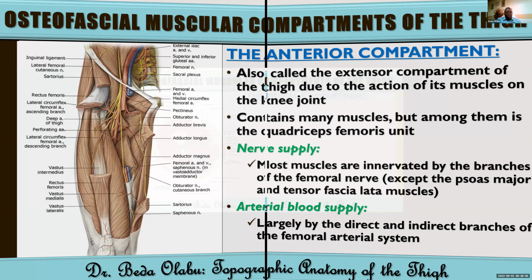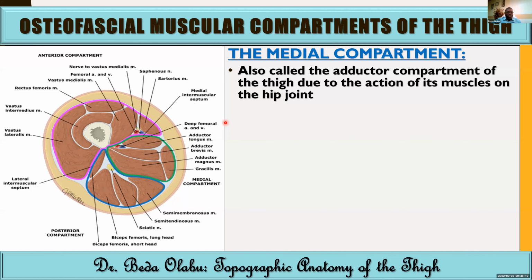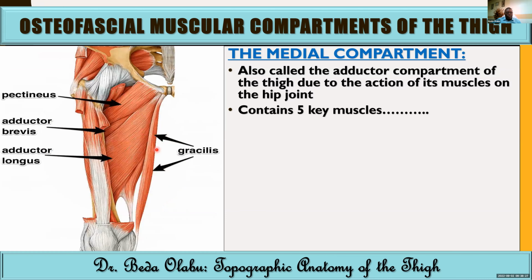Now we can talk about the medial muscular compartment. The medial muscular compartment is also called the adductor compartment. This is because of the action that these muscles have on the hip joint. Now hip joint, not knee joint. There are some 5 key muscles in this particular category. We have pectineus again.